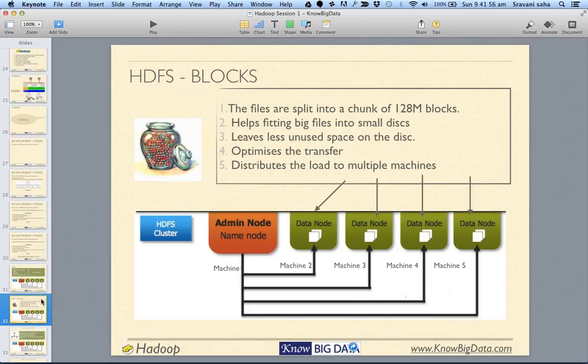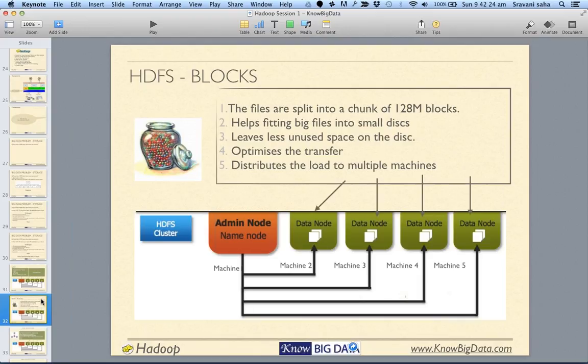Now you should note one thing: even though you have smaller hard disks of 100 GB, you can store a 200 GB file. How? Because the 200 GB file will be sliced into small parts and distributed across the cluster. So you can have the smallest disk in your network equal to 128 MB, right?